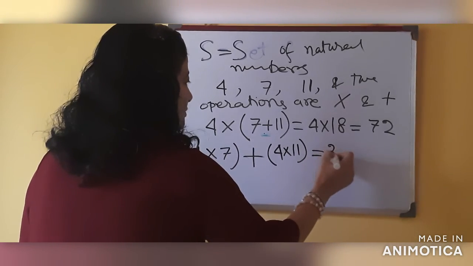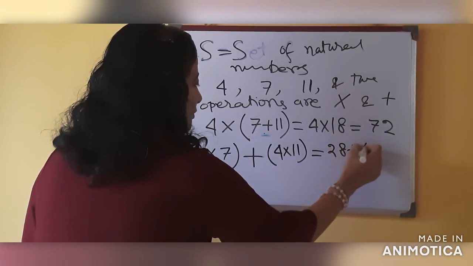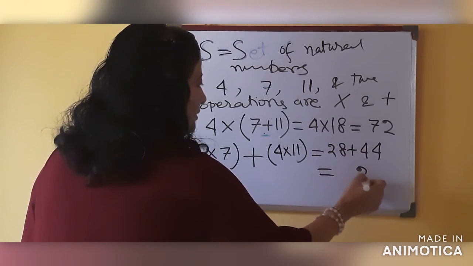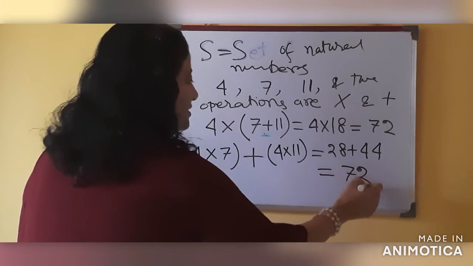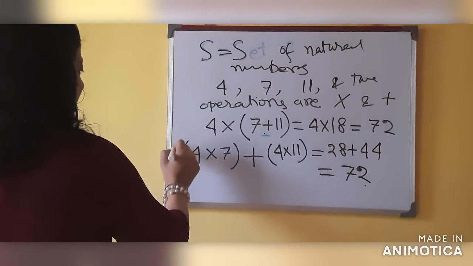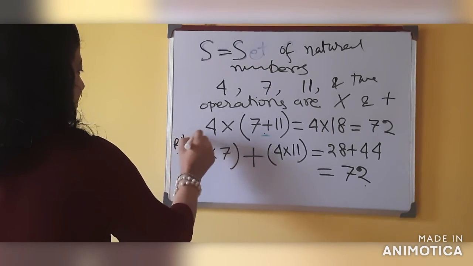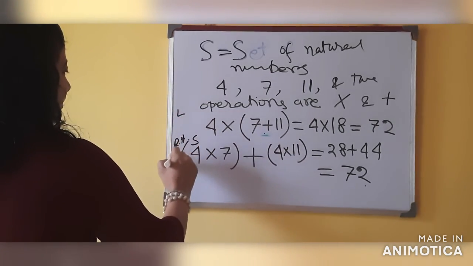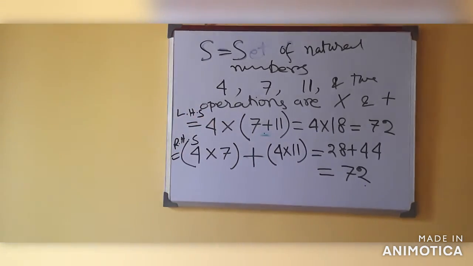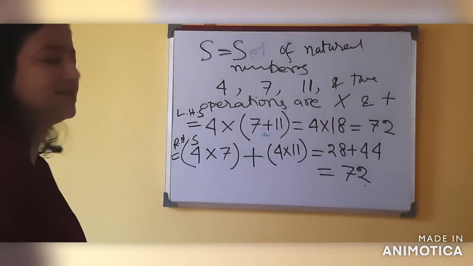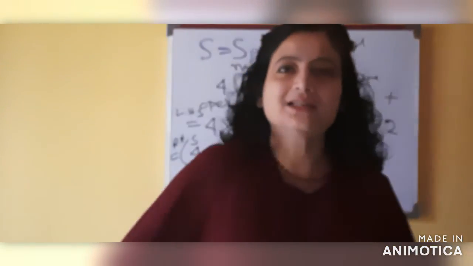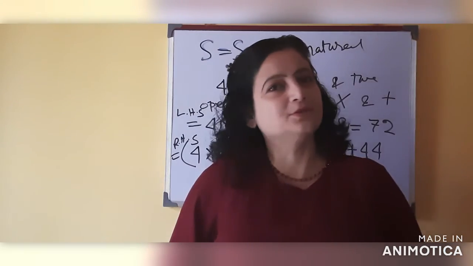So it will give us 28 plus 44. 28 plus 44 means 72. So this right hand side is equal to this left hand side. So multiplication is distributive. The operation multiplication is distributive, and so it is satisfying the distributive law.